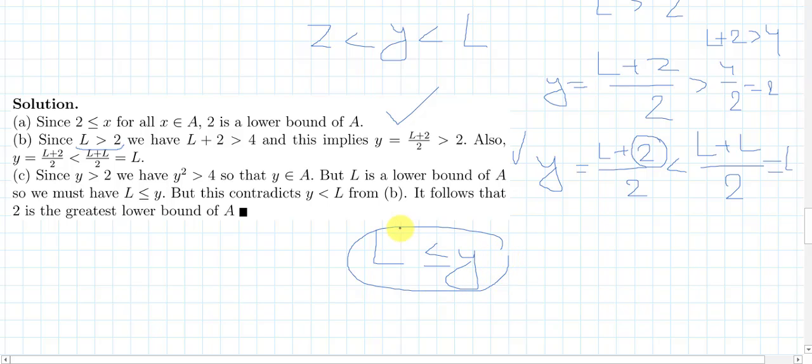But this contradicts the second case, case B, where we have Y less than L. So this contradicts B, and it follows that 2 is the greatest lower bound of A. So it is the infimum.